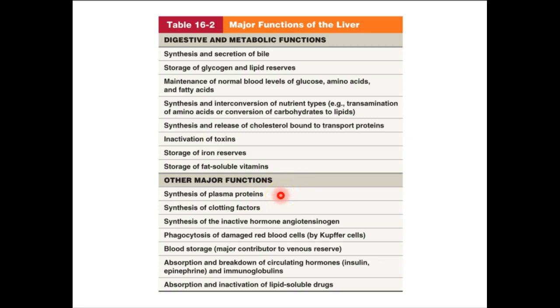You guys remember the plasma proteins? What were they? Albumin. It's good that you remember albumin. Gold star for remembering albumin. That's the important one. I mean, they're all important, but that's the first important one.